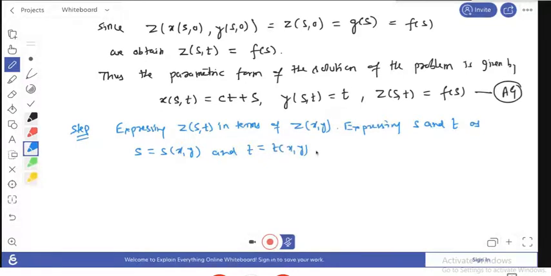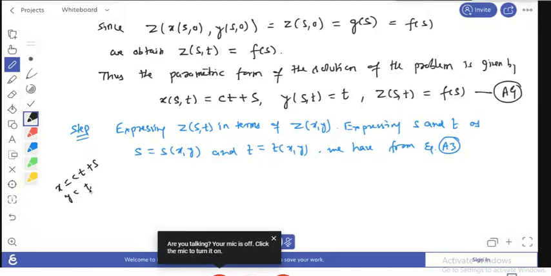This we have from equation A3. So if we try to solve this, x equals ct plus s, and y equals only t. Okay, so if y equals t, then t equals y.